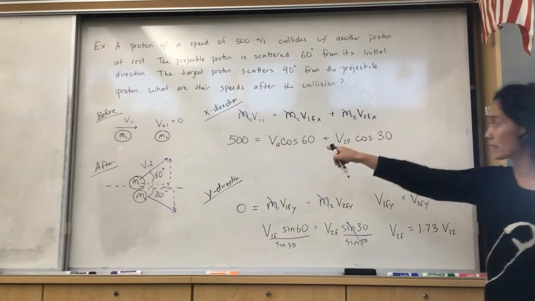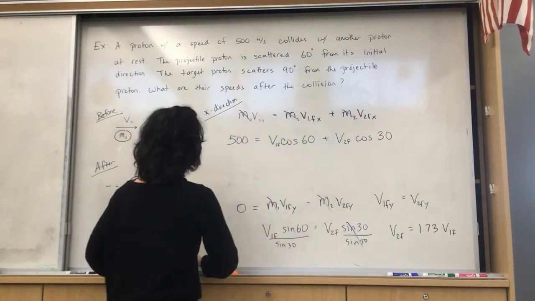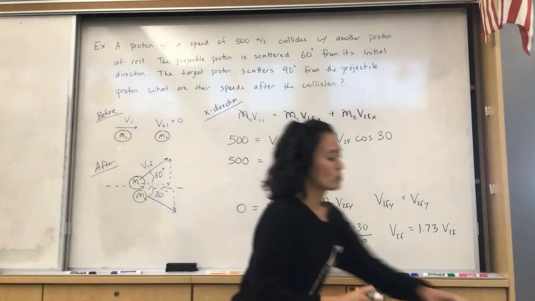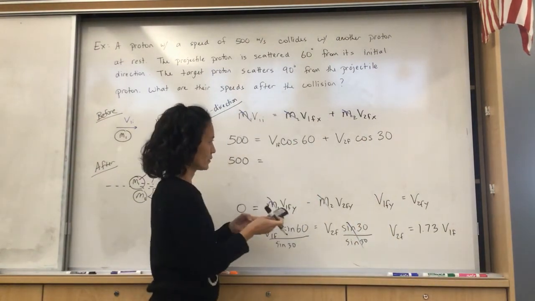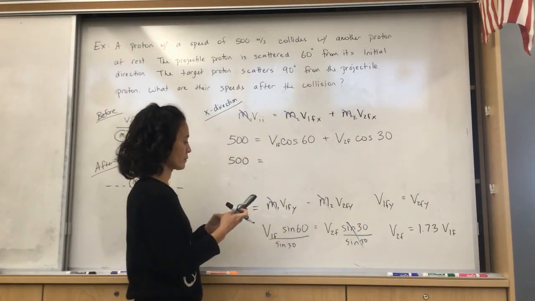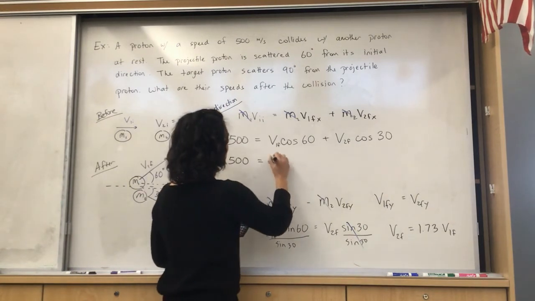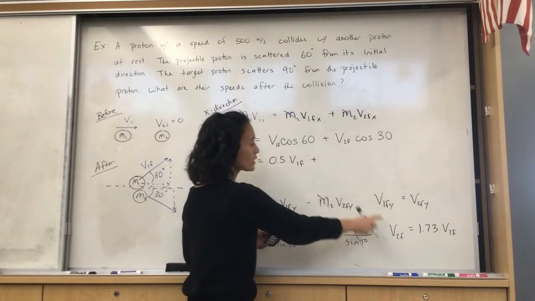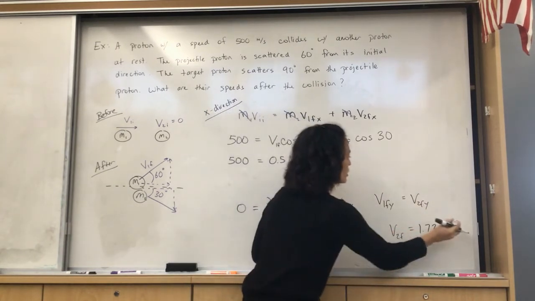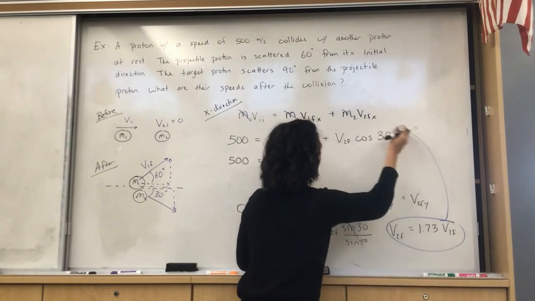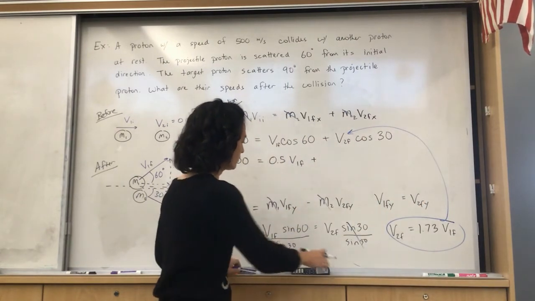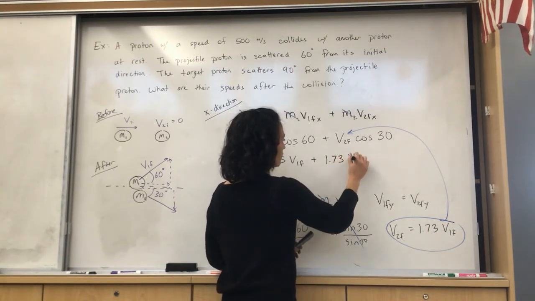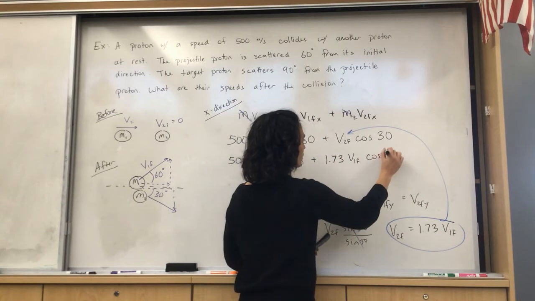And we can plug that in here. So 500 is equal to, and let's get rid of this cosine 60, that's just 0.5, so 0.5 V1 final plus, instead of V2 final, I'm taking this relationship and plugging it in: 1.73 V1 final times the cosine of 30.